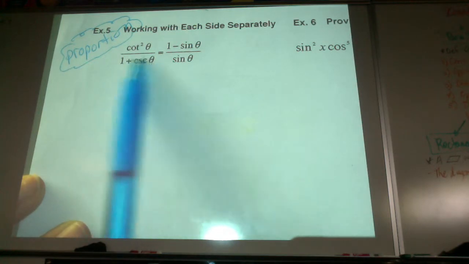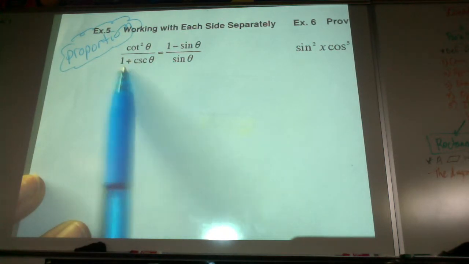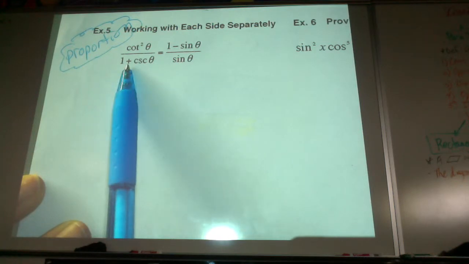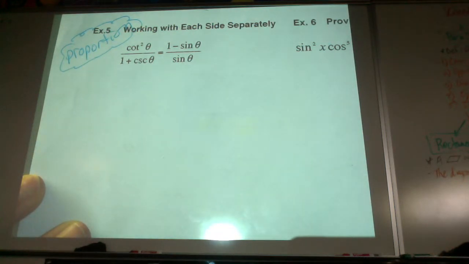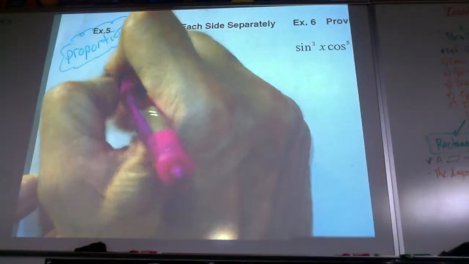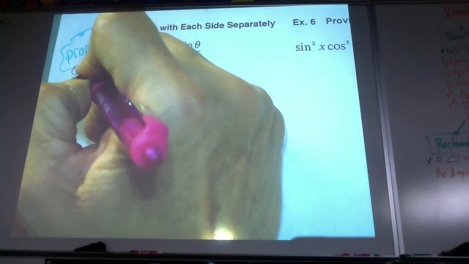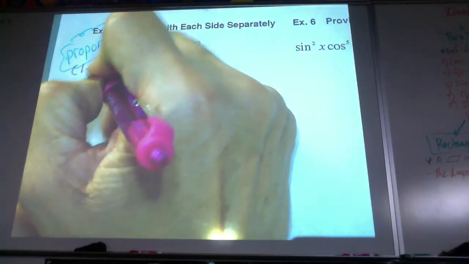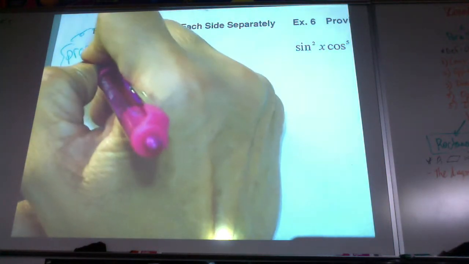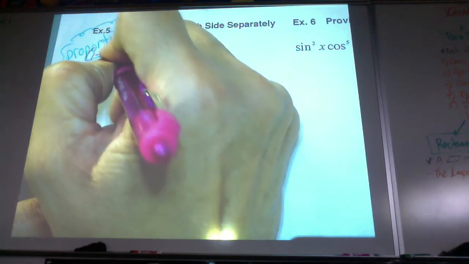But could I make this into a monomial denominator? Where I could do that? Yes, I could. What do I do? Well, multiply by the conjugate. So the conjugate to this is 1 minus cosecant of theta. And I want to do that to top and bottom.